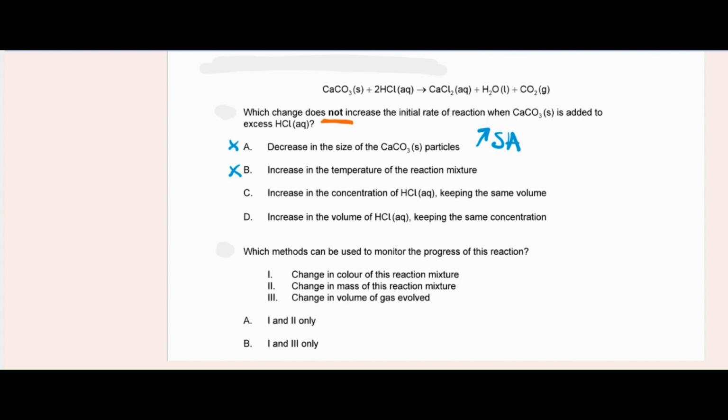When increasing the concentration will also increase the rate. D, increase in the volume of hydrochloric acid, keeping the concentration the same. Yes. So that won't increase the initial rate.